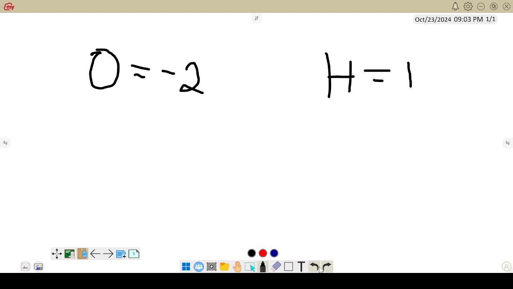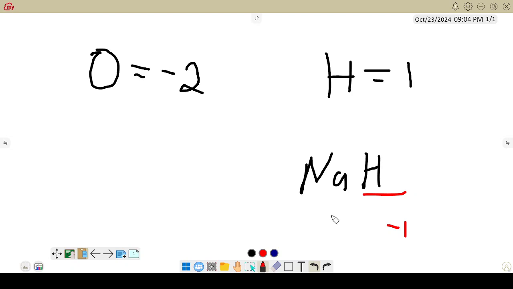So let's say we have sodium and hydrogen. In such a case, when hydrogen is bonded to a metal, the oxidation number becomes -1.